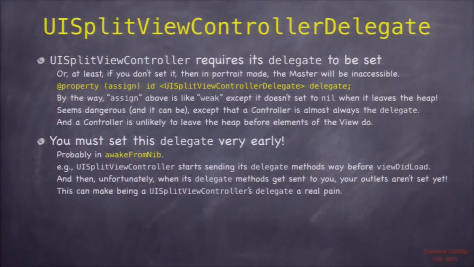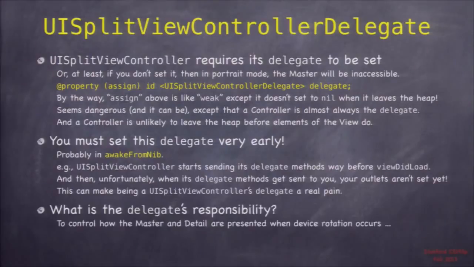Firstly, it has to be set very early, meaning in awakeFromNib. You can't wait till viewDidLoad to set your split view controller's delegate. Second of all, it starts calling the delegate methods from the split view controller before viewDidLoad happens. So none of your outlets are set while it's calling its delegate methods. So it's very difficult to deal with the split view controller delegate.